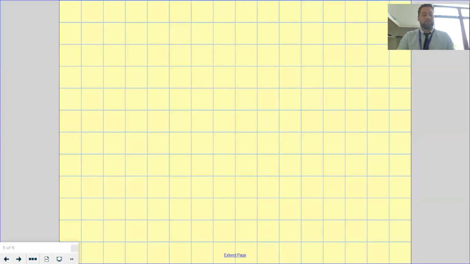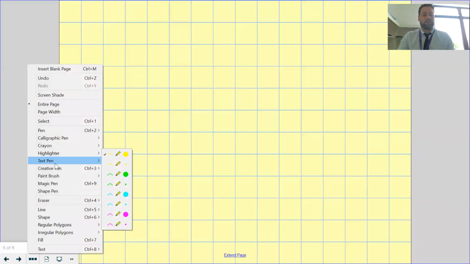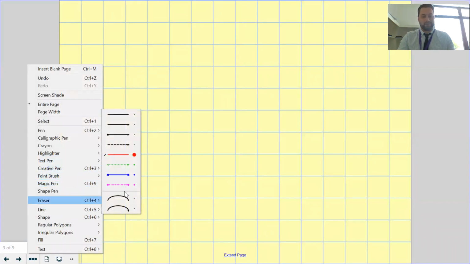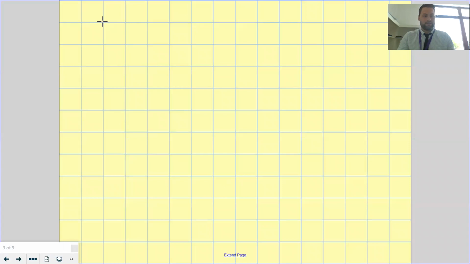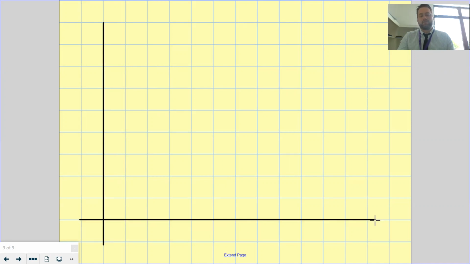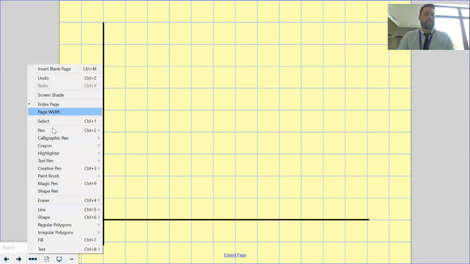The first thing you need to do when you have a line graph is create your axes. Your axes are the lines that go across the graph. We have this one, which is called the y-axis, and this one we call the x-axis.